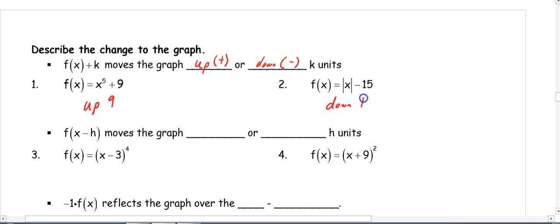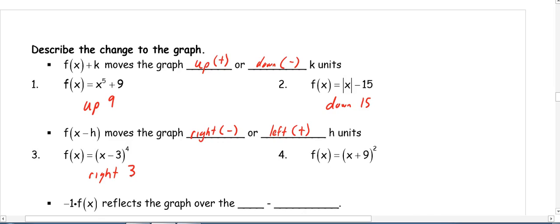Then we also have f of x minus h, which moves the graph to the right if it's a minus, and to the left if it's a plus. Remember, this one's a little counterintuitive because it's more like the point slope where we used to put in that opposite signed number. So the first one, we have f of x equals parentheses x minus 3 to the 4th power, which means that we are going to move right 3.